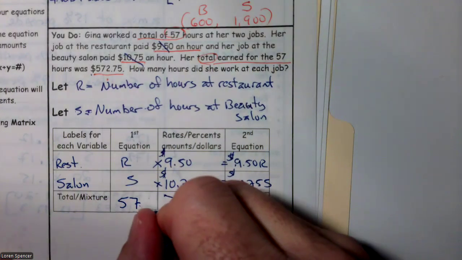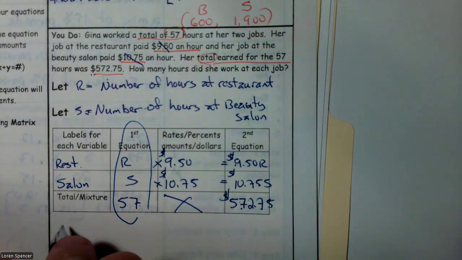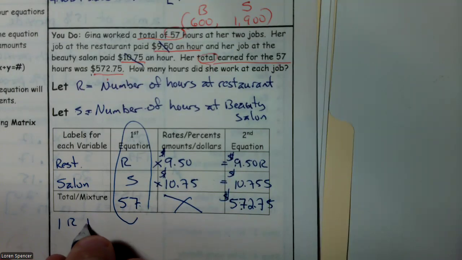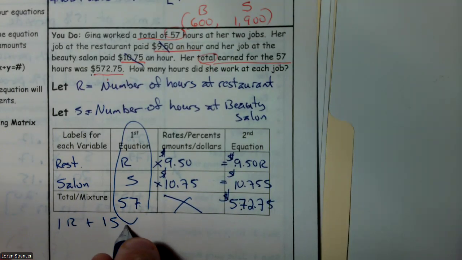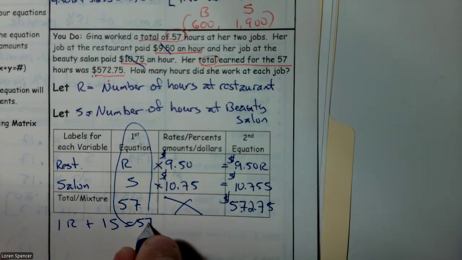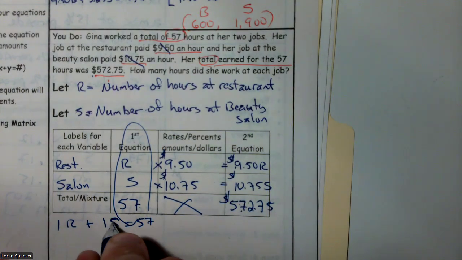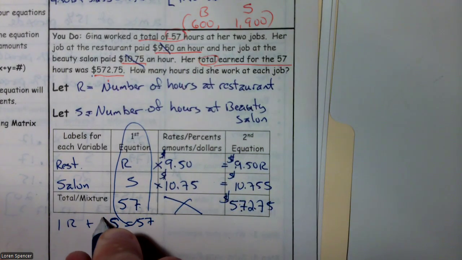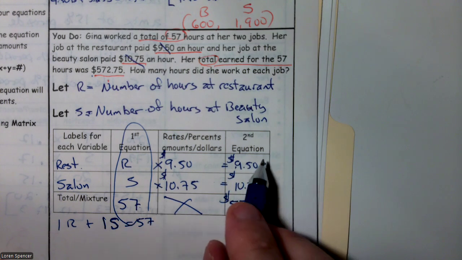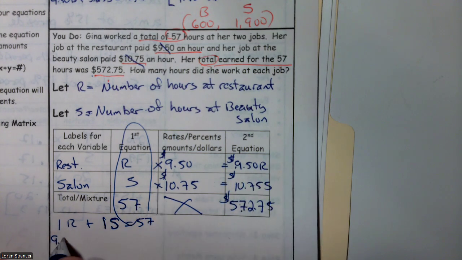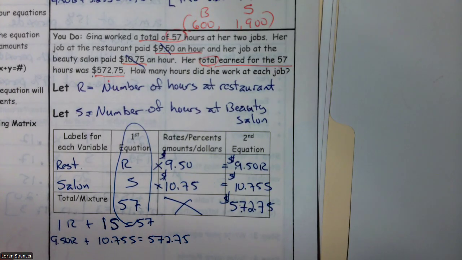So we have our first equation is 1R plus 1S equals 57. I should make that look more like an S, and that's a 1. And then we have 9.50R plus 10.75S equals 572.75.